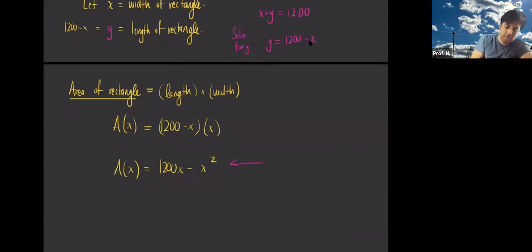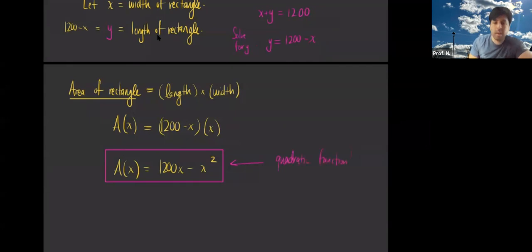What kind of function did we just discover for A of x? The area function is a what kind of function? It's a quadratic. That's what it is. It's a quadratic function. We know all about quadratic functions. We've been talking about quadratic functions for the past almost 2 hours.